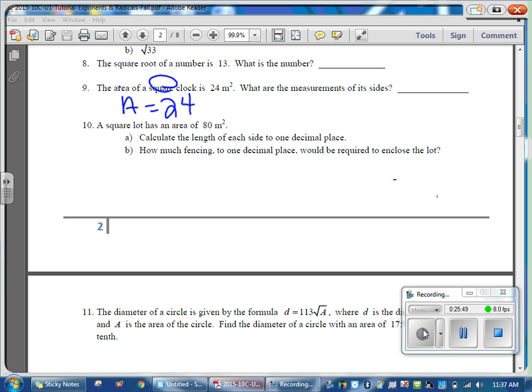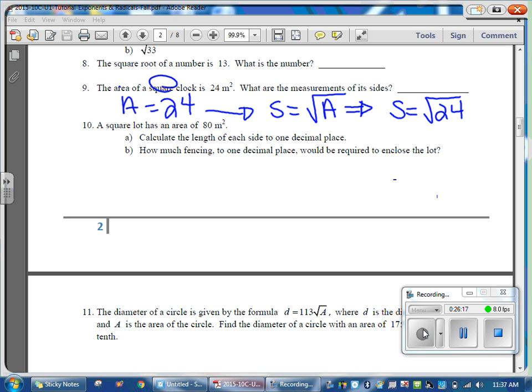That means my side length is going to be square root 24. Now, if it doesn't tell you to round the decimal, that means it wants you to reduce it to a mixed radical, lowest mixed radical in simplest form. So we need to reduce this, and we're going to talk about that in a moment here.